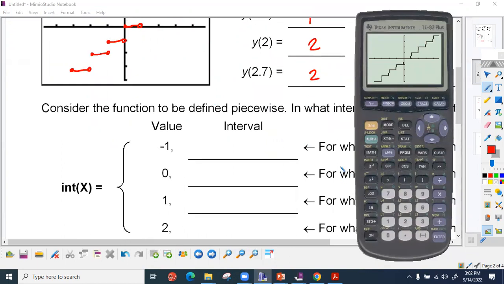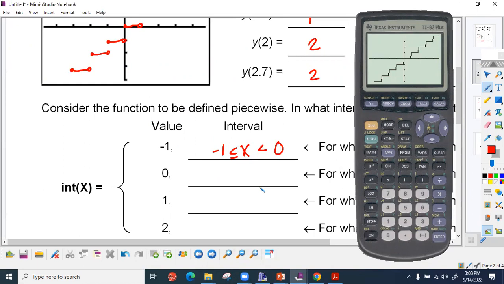And now we're going to write our integer example. So -1. If I want to get the value of -1, from what to what? X is greater than or equal to -1, but less than 0. Agree? Okay.